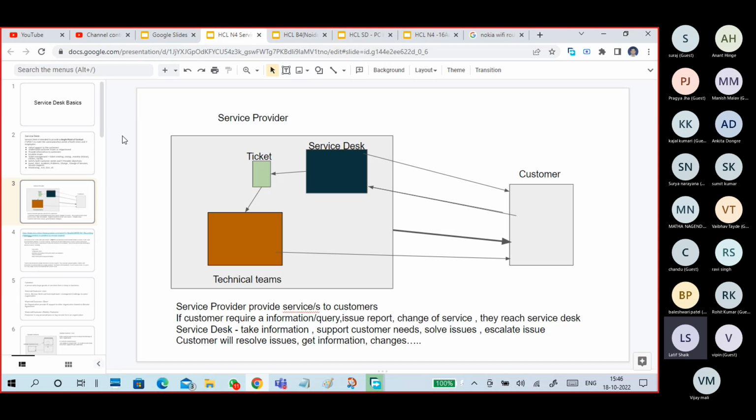Service desk people should understand the customer requirement, give the initial support, create a ticket, and mention the customer information, customer requirement, type of requirement, the requirement priority. Some are urgent, some are high, some are low, some are medium.